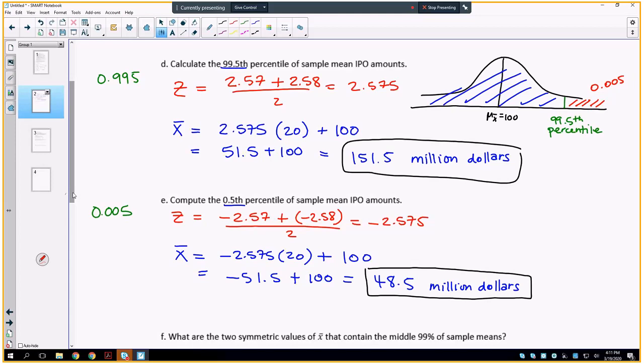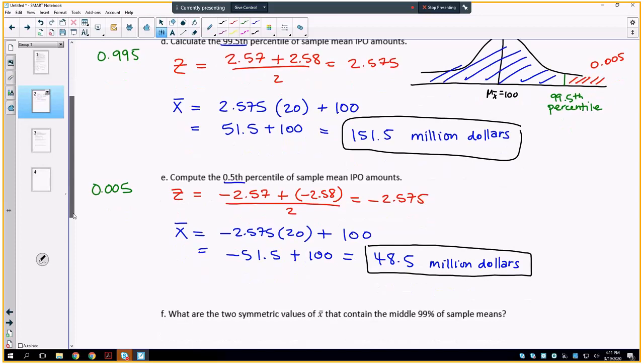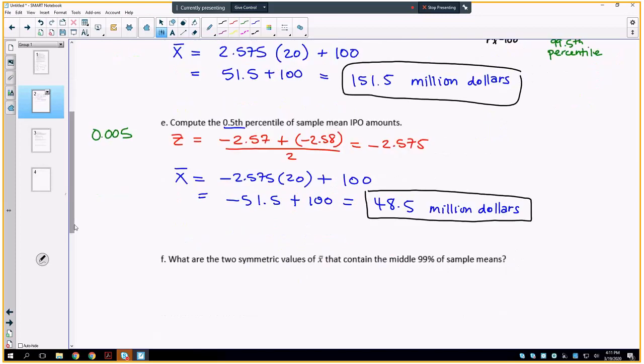Okay, well, I know that this graph is symmetric. That means that here in Part E, when I'm talking about 0.005, or the 0.5th percentile, this red area here is 0.005.